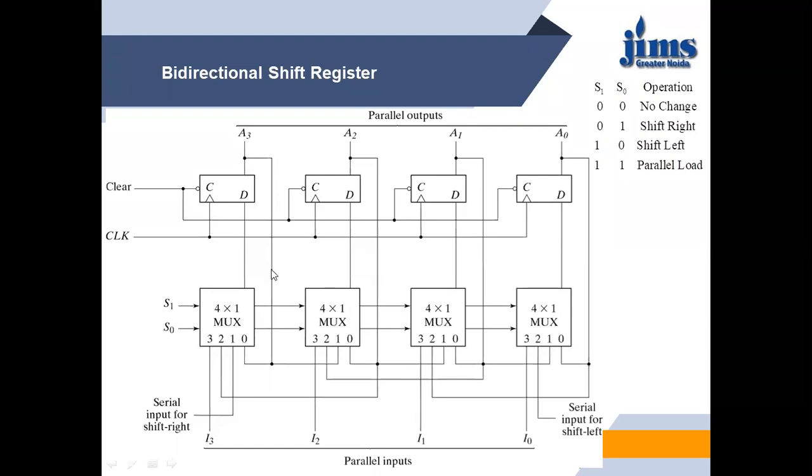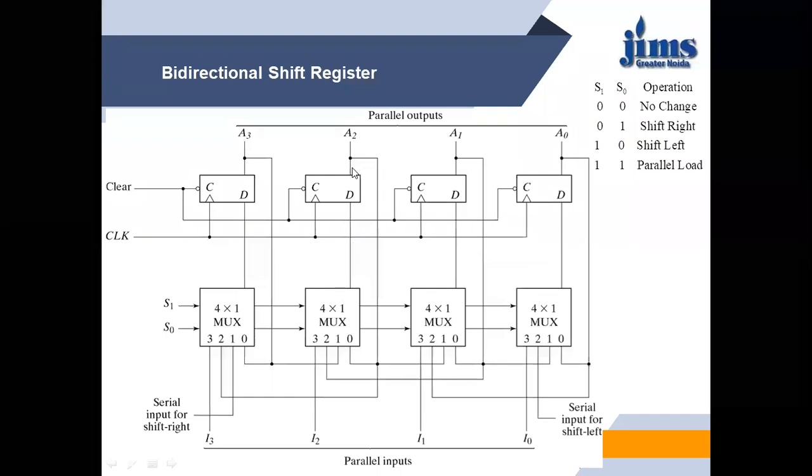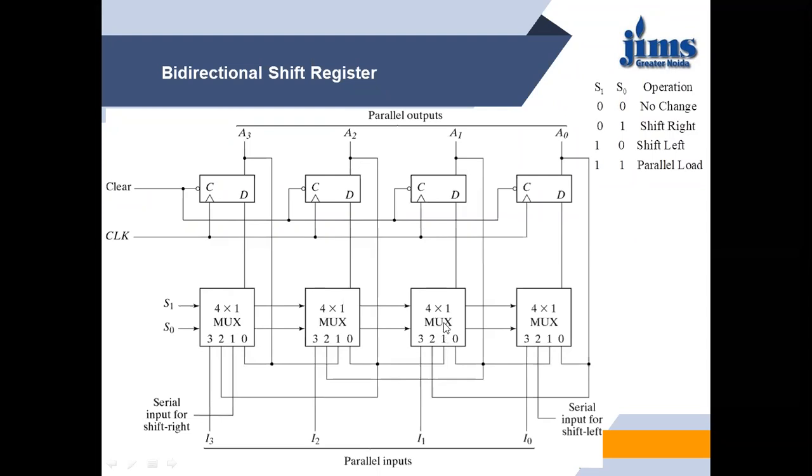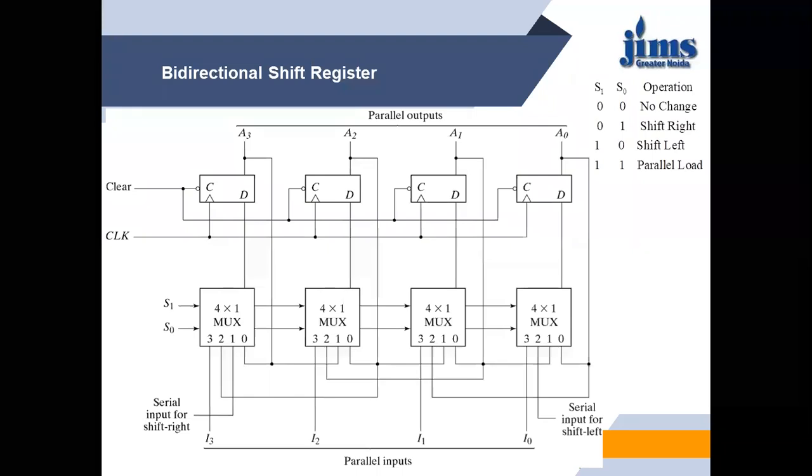Now this output is connected to input 1 of the next mux, and it will go to A2. Then A2 goes to the next mux and the next flip-flop, that is A1, and A1 is connected to the next flip-flop and goes to A0. Hence in 4 clock cycles, 4 bits of data can be entered and shifted to the right side, provided that the select lines are 0, 1.